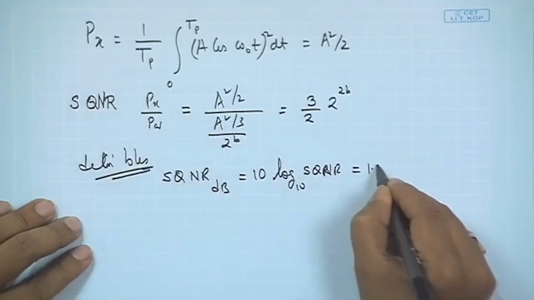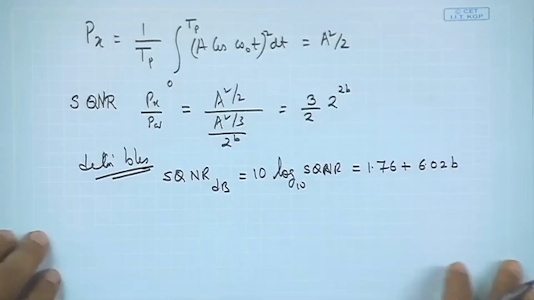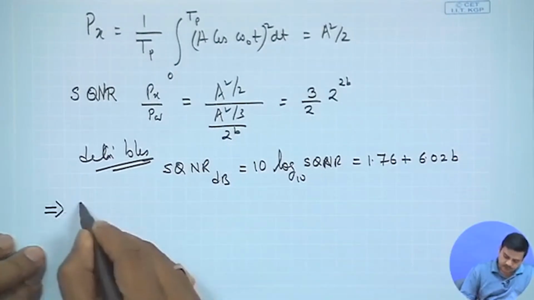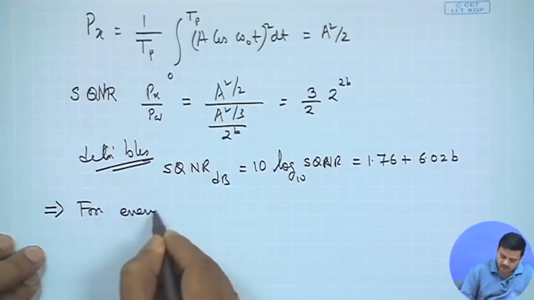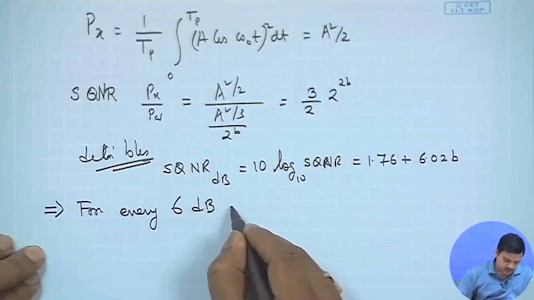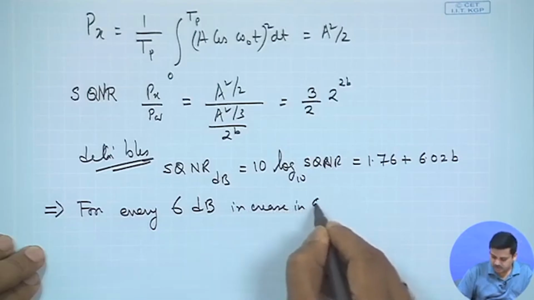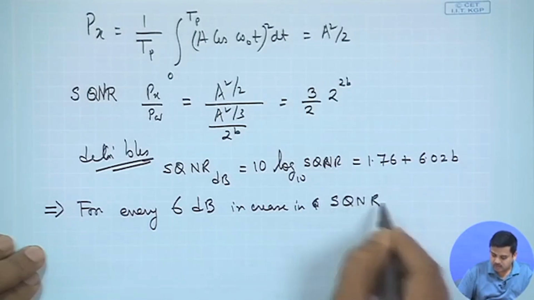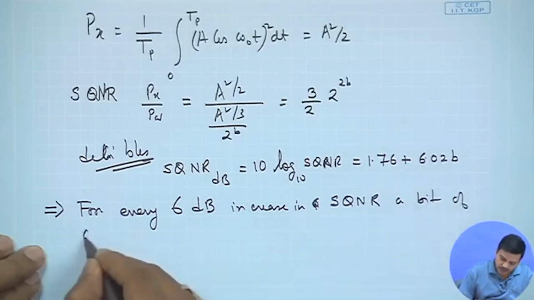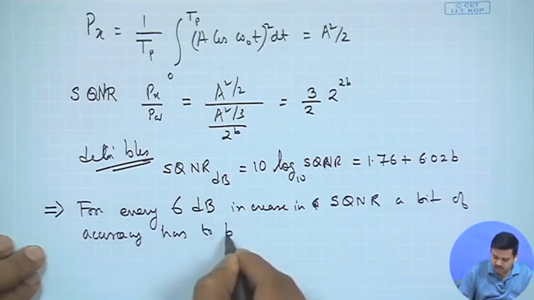This turns out to be 1.76 plus 6.02 B. So, what this effectively means is that for every 6 dB increase in SQNR, one would require that one bit of accuracy has to be increased.